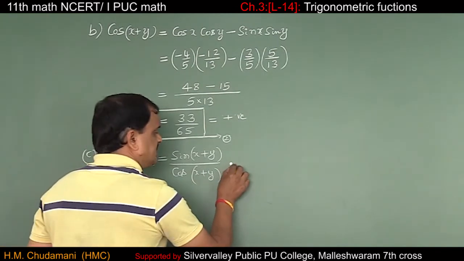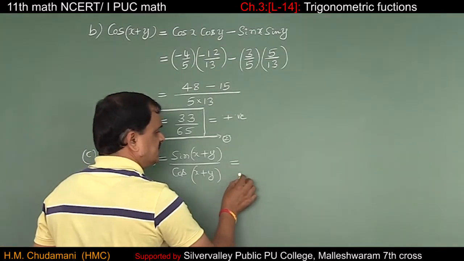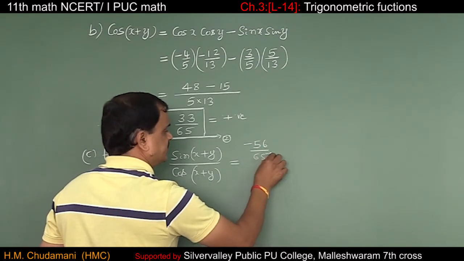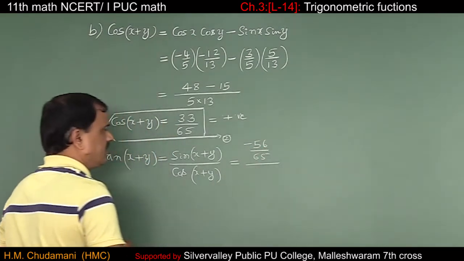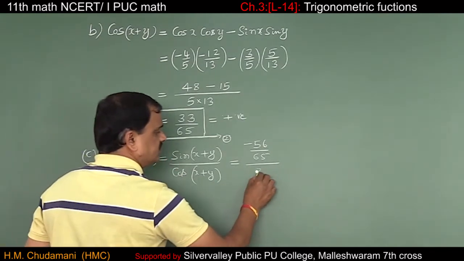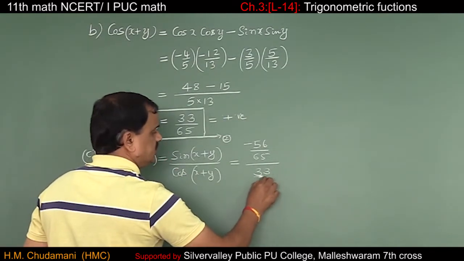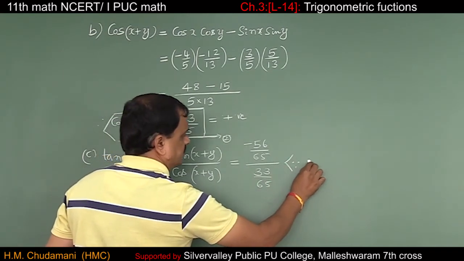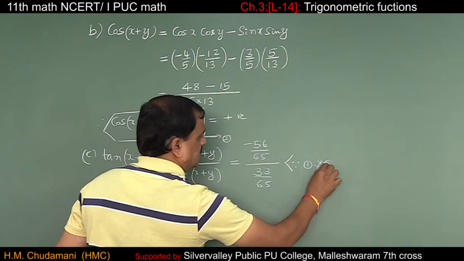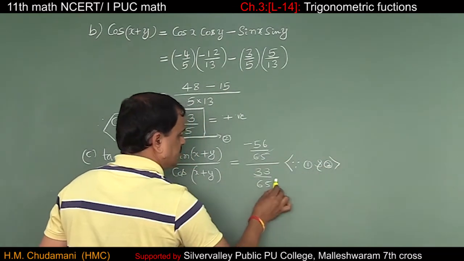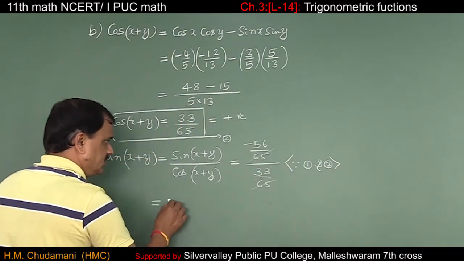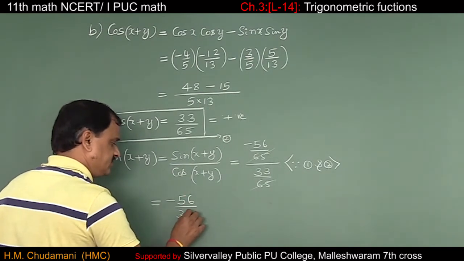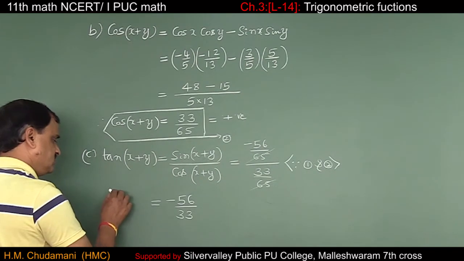Using equation 1, minus 56 divided by 65, divided by cos of x plus y using equation 2, 33 divided by 65. Using 1 and 2, 65 gets cancelled. Therefore tan of x plus y is minus 56 divided by 33.